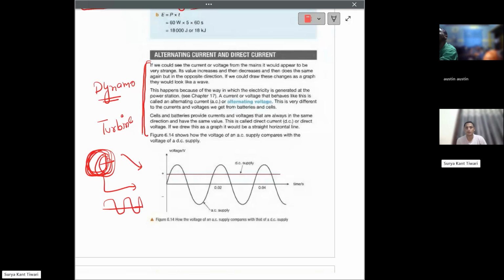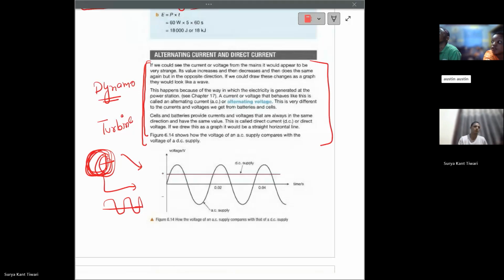Just read this paragraph once, and it will tell you a lot. Read this paragraph quickly. If you could see the current or voltage on a screen, it would appear very strange.